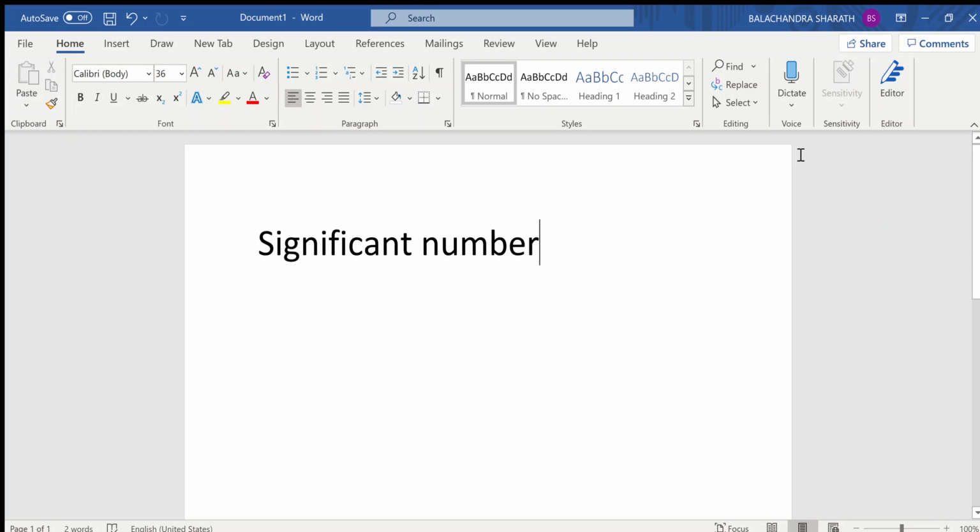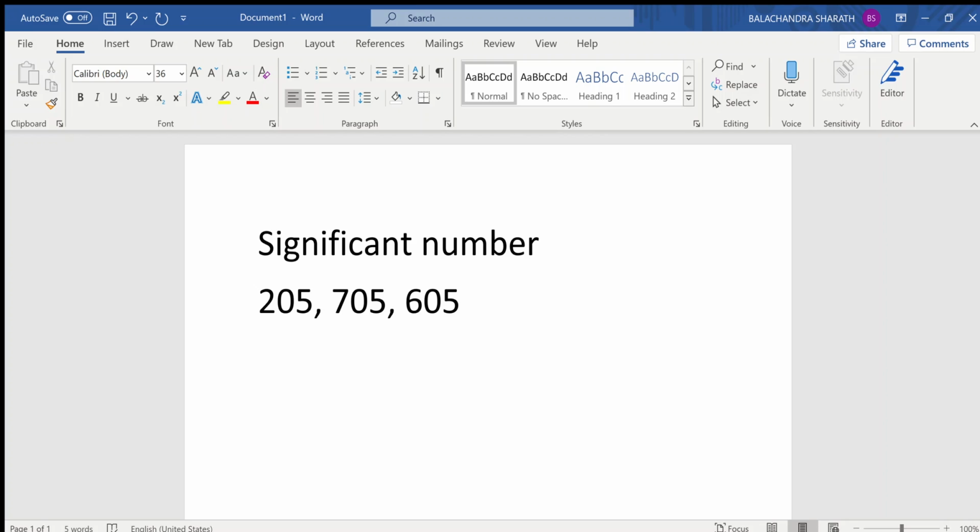So firstly, any digit that is not 0 is always significant. For example, 8, 9, 7, 6. I repeat, any digit that is not 0 is always significant. The second rule is that 0 is significant when it's between other digits. For example, 205 or 705 or 605.